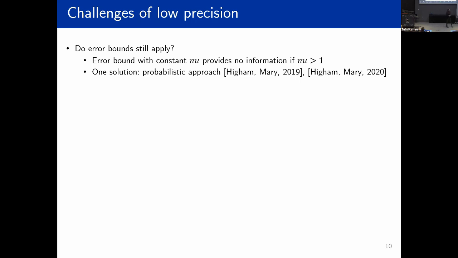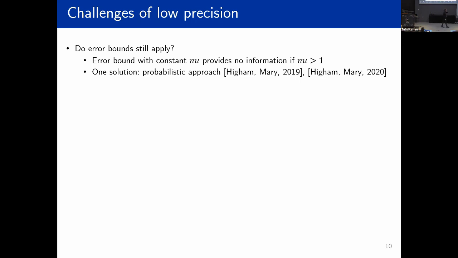So usually if this quantity exceeds 1, there's not much you can say, right? So most error bounds assume that that's true. Okay, but so what's happening in the exascale era? So okay, n is getting bigger and I'm using lower and lower precision. So these are kind of conflicting, right? All right, so the first is, do error bounds still apply?